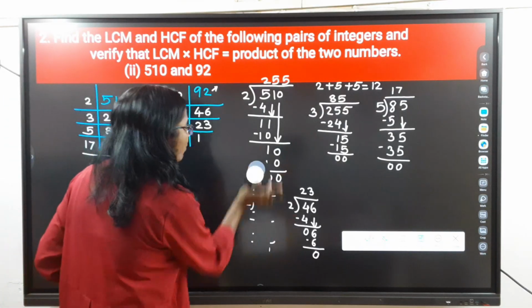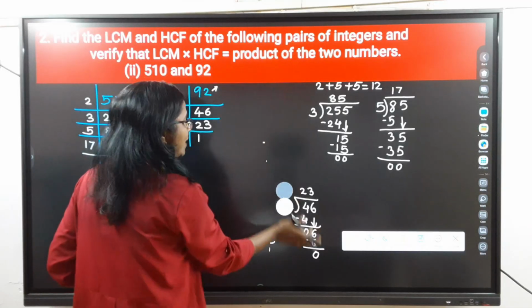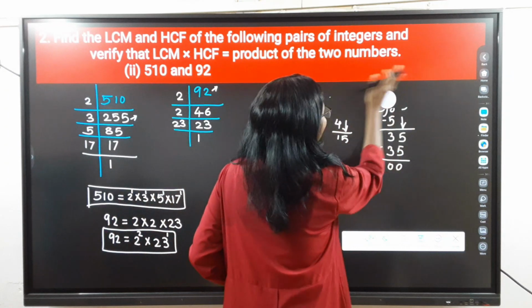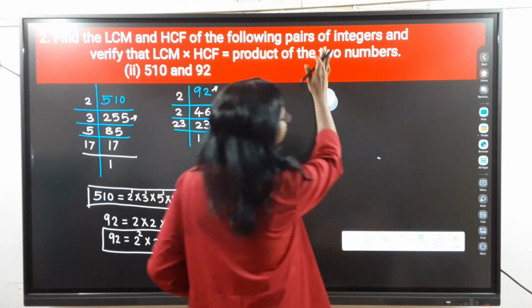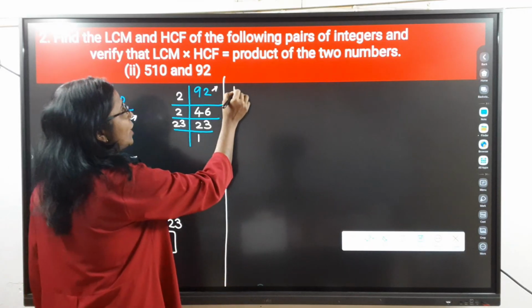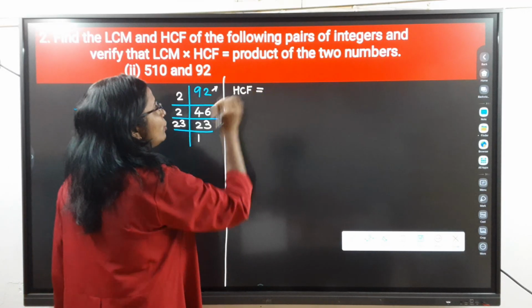Now the second process is that we have to calculate the LCM and HCF. First we calculate the HCF. What is the formula to calculate the HCF?